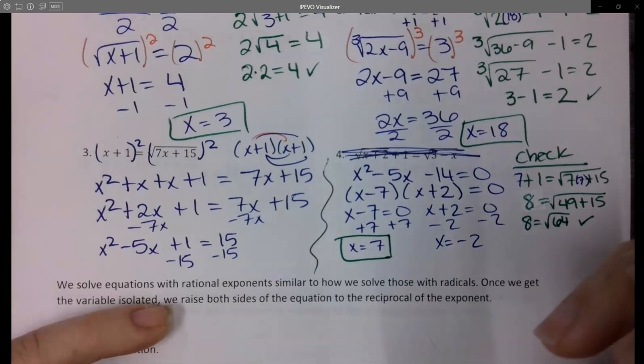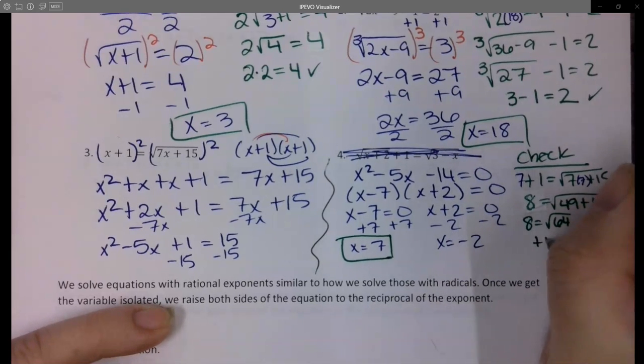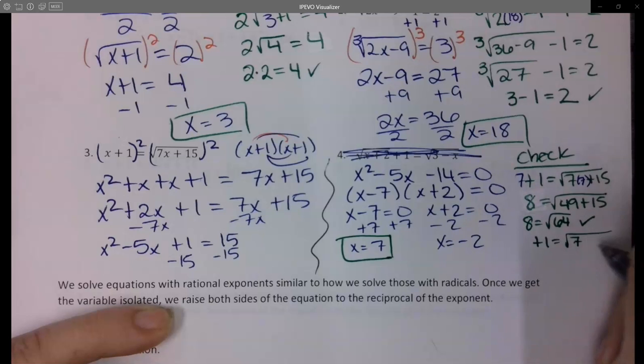Then I want to check the negative 2. So I have plus 1 equals the square root of 7.